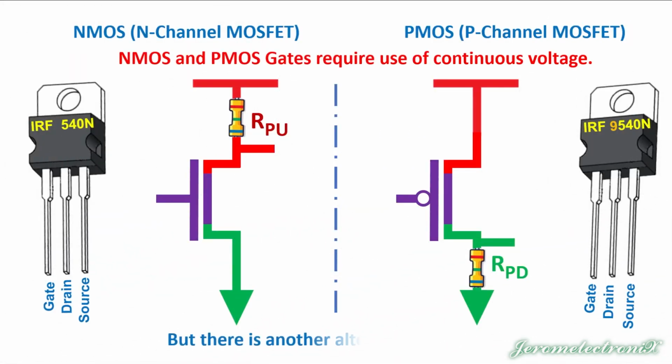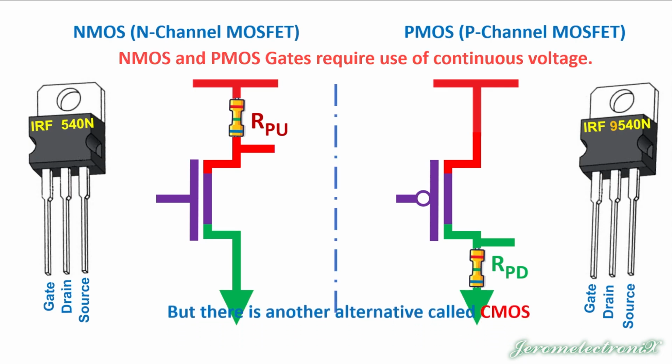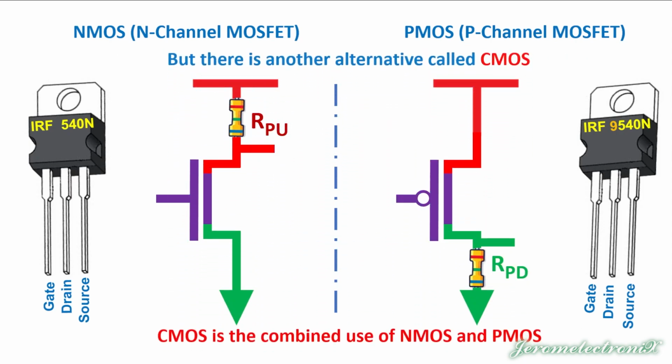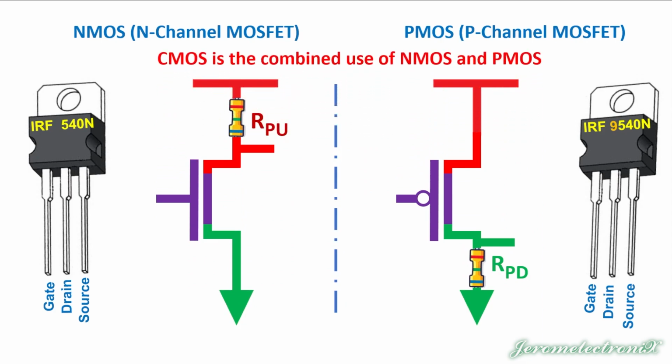But there's more. NMOS and PMOS gates require the use of continuous voltage. But there's another alternative called CMOS. And what does CMOS mean? Probably should write it down. CMOS is the combined use of NMOS and PMOS transistors.